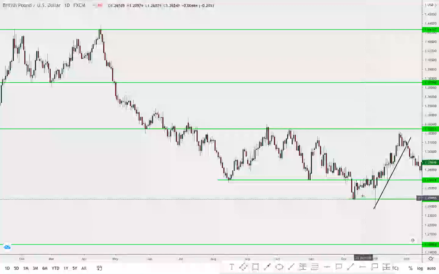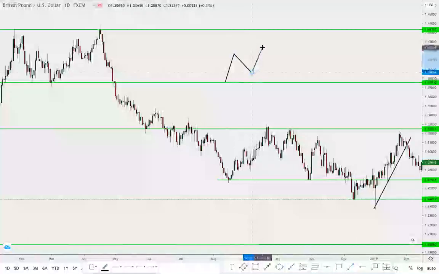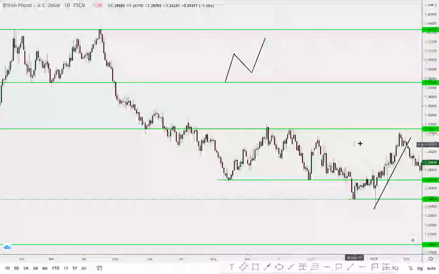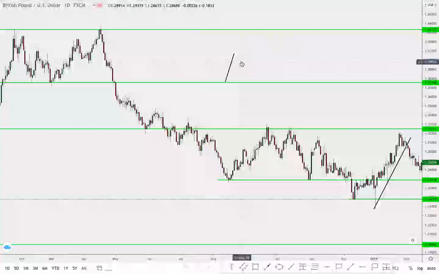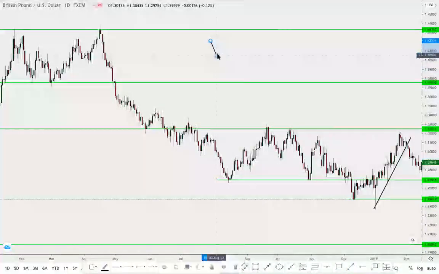Let me explain something to you, a quick market principle, right? If we're doing this, like this, oh no, sorry. We're doing this, right?